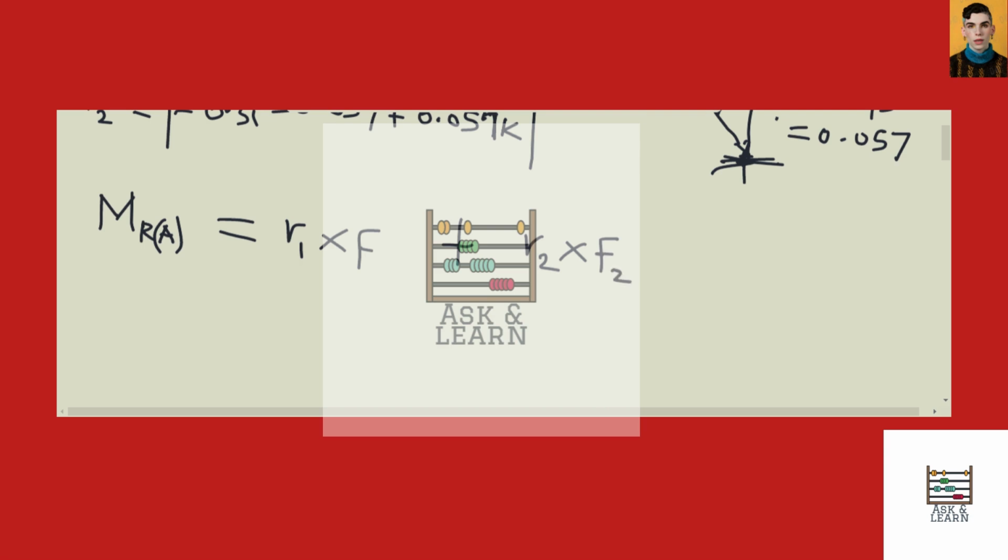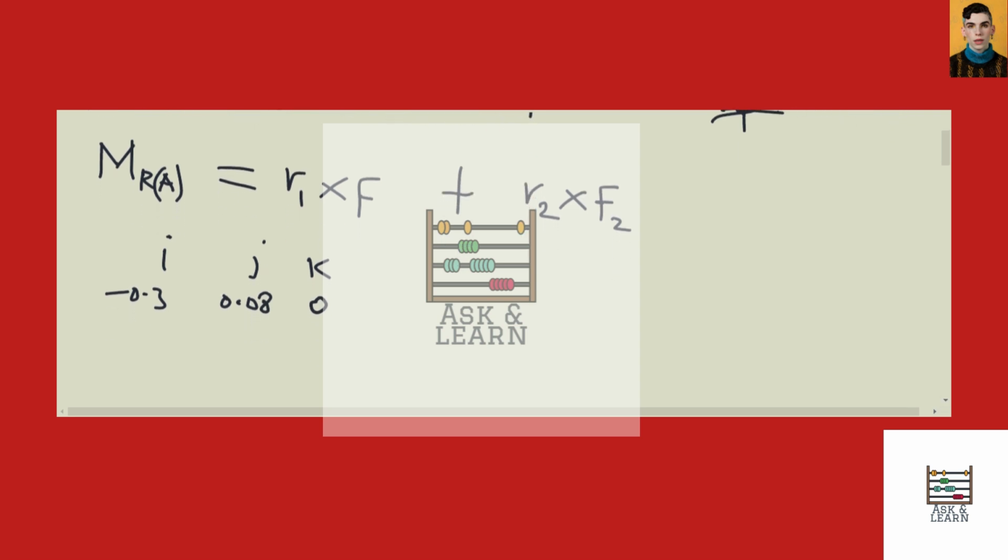When we do that, we can use a matrix to solve it, so that we have the i, j, k directions. For F1, looking at the position vector, we have minus 0.3, 0.08, and 0. Then for the force, we have 0, 0, minus 40.